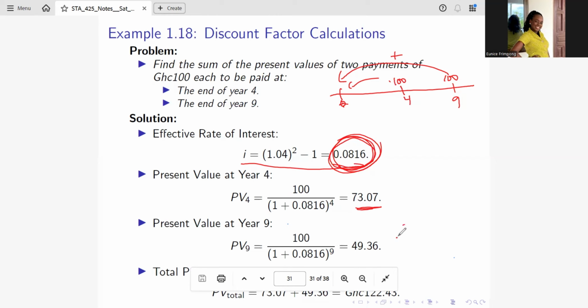So to know the present value, you simply sum them. So we'll take the present value of their total.